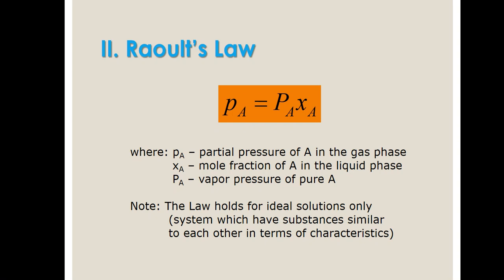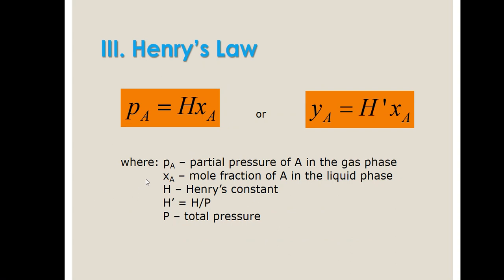So there has to be an alternative equation to be used if we're not allowed to assume that a system is ideal when the problem does not specify it. And that is Henry's law. Henry's law does not have any limitation. It can be used for ideal systems as well as for non-ideal systems. In here, you're still determining the partial pressure of a gas, let's say A, and it is also linear with its mole fraction in the liquid phase.